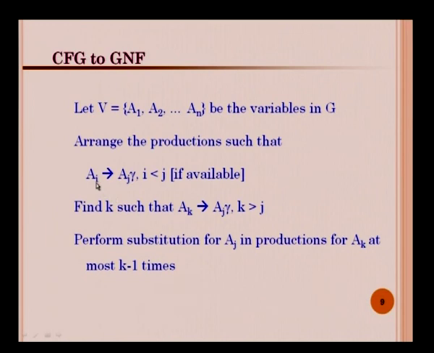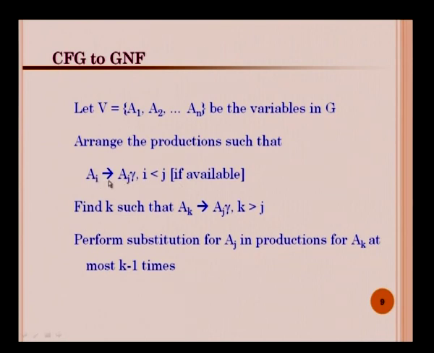One is Ai derives Aj gamma for all i less than j. It means a variable which we already have, Ai, is now going to start with a variable which is new for us. So A1 derives A2 alpha, something like this.